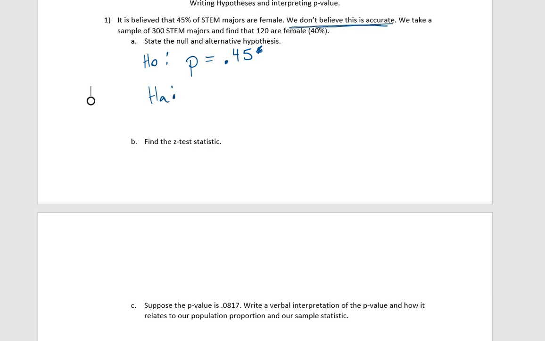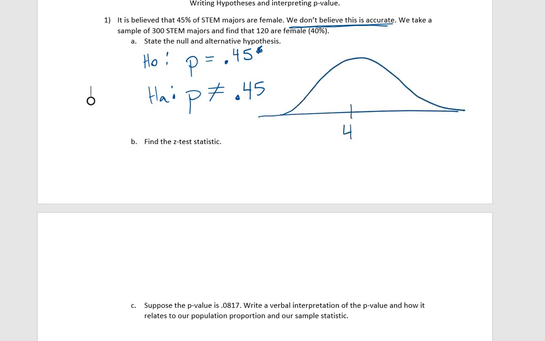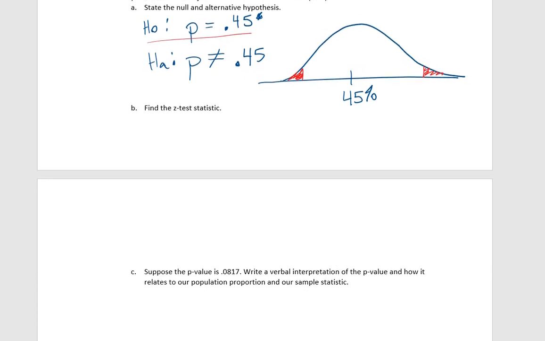We didn't expect it to be higher or lower. We just thought it was going to be different. So we say not equal to 0.45. What this means is that we're assuming that the population proportion is still 45%, and we're looking for either very extreme low values or very extreme high values to disprove our H naught.